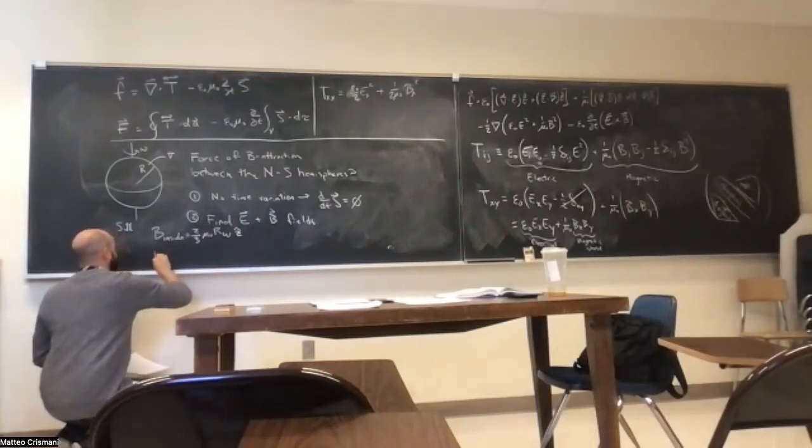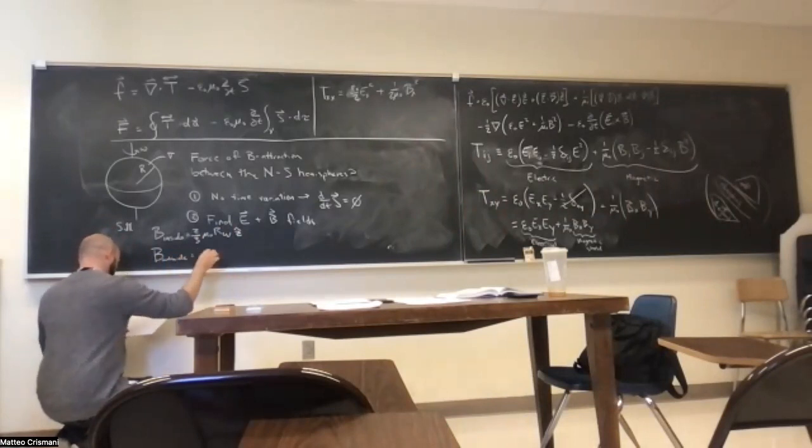And outside it's mu naught m over 4 pi R cubed.